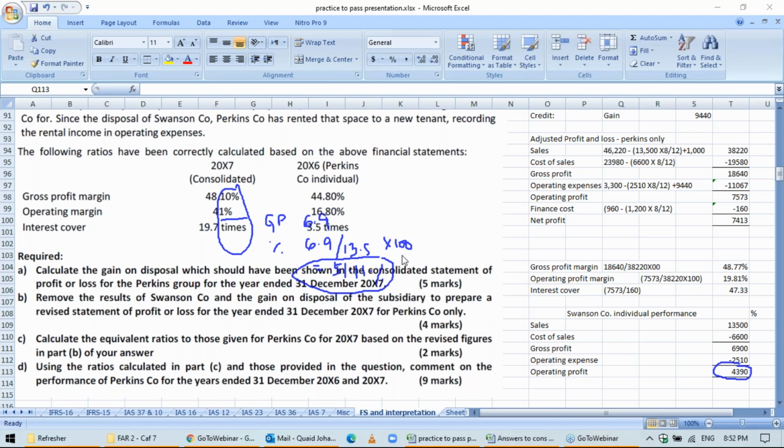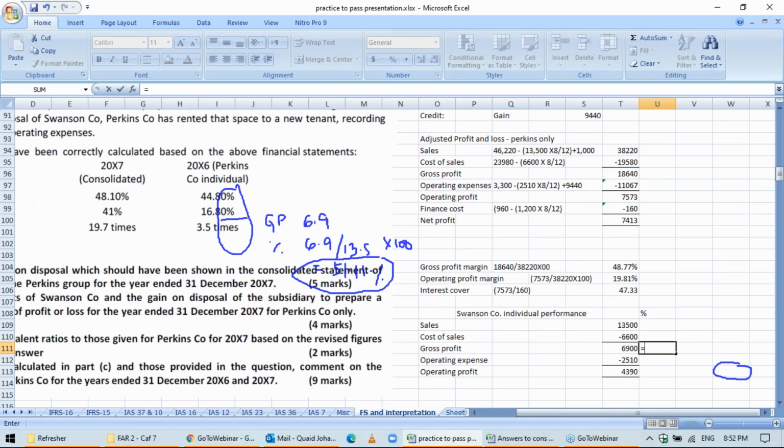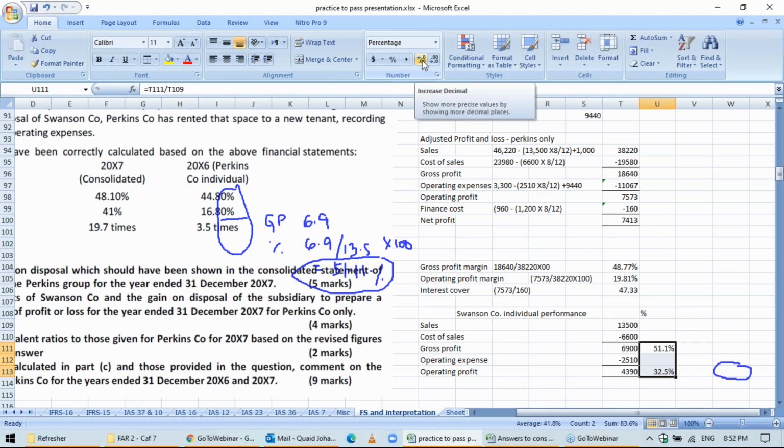The gross profit margin of Swanson's is, and the operating profit margin is. So students, just check and compare these with Perkins' own ratios. What happens?